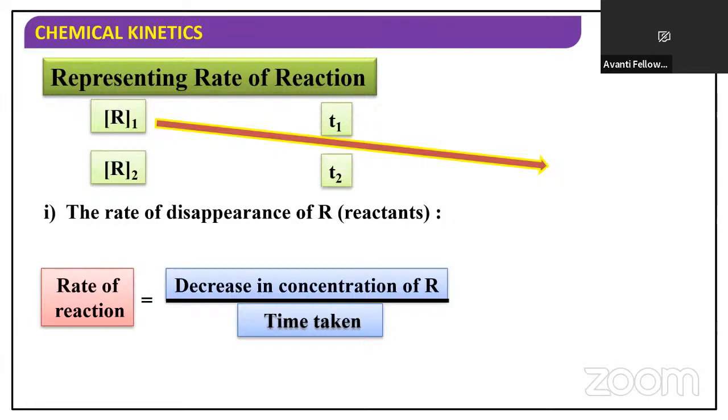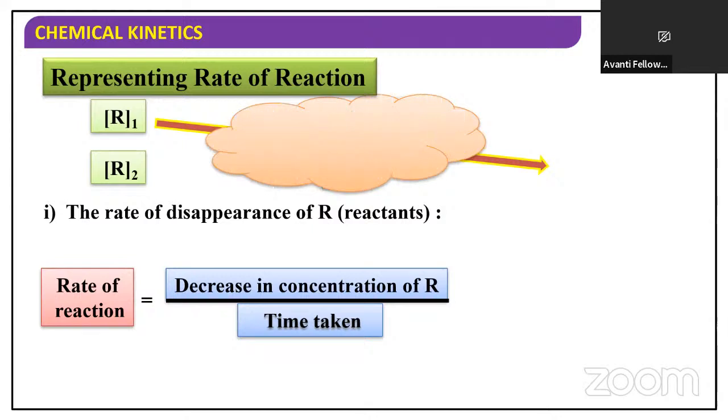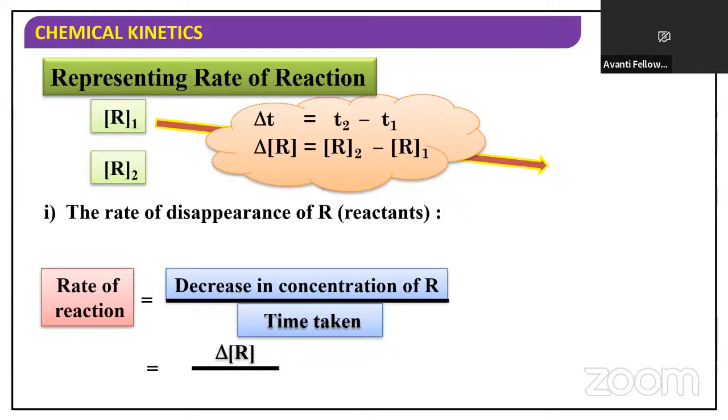Let us assume R1 is the concentration of the reactant at time T1, and R2 is the concentration of the reactant at a particular time T2. Now how will you write the rate of disappearance? It is delta R divided by delta T, and this negative sign indicates that there is a decrease in the concentration of the reactant.